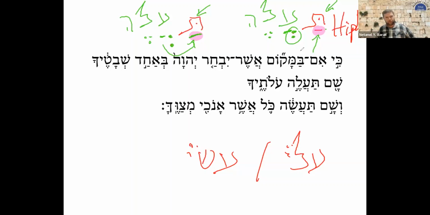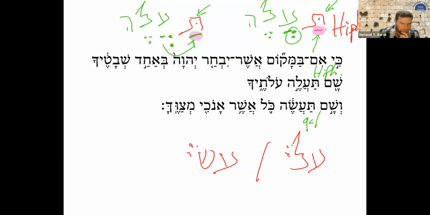Now a little bit of solutions. So how do you know that this is Kal and this is Hifil? God forbid, again, we have to use other things except for morphology. In this case, first of all, we can use the fact that the root ayin sin yod, I think anywhere in the Bible, does not appear in the Hifil.